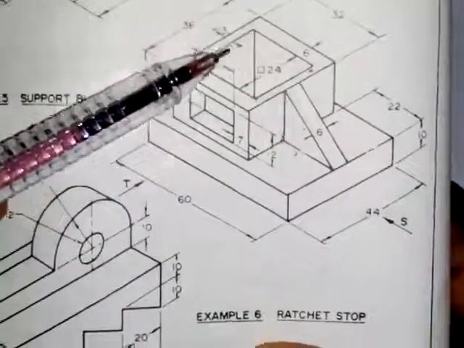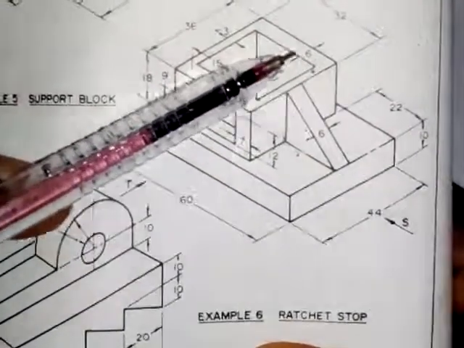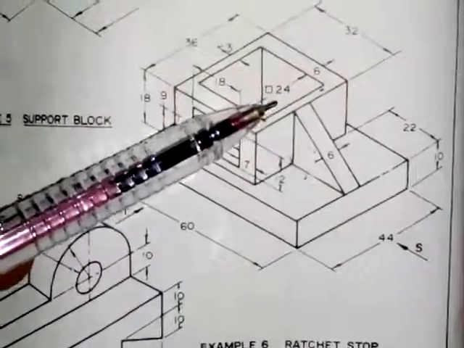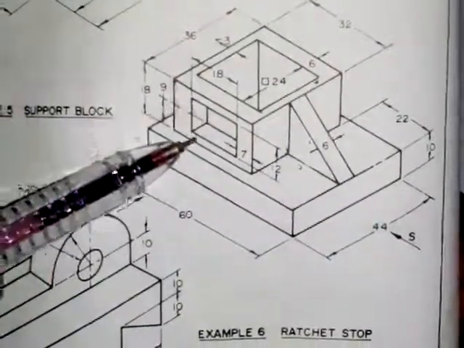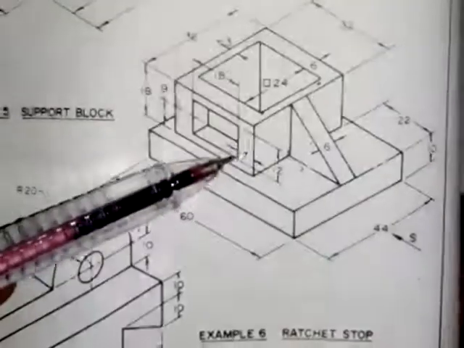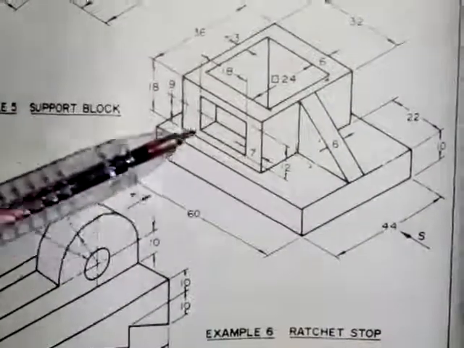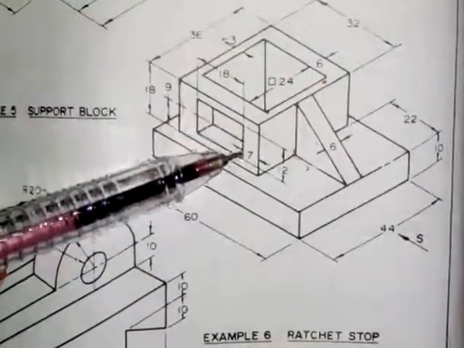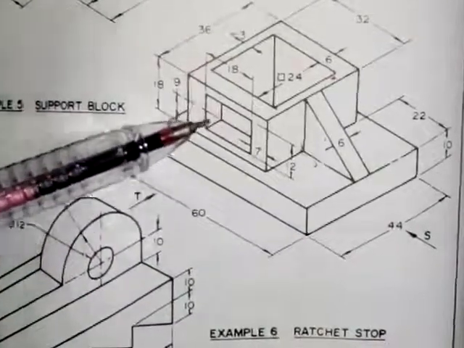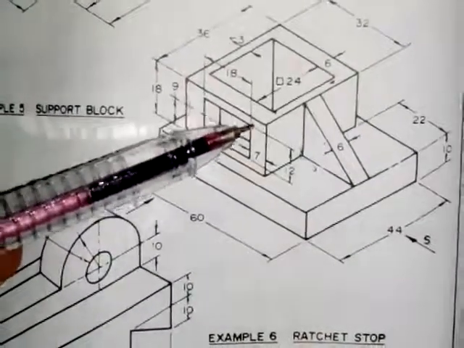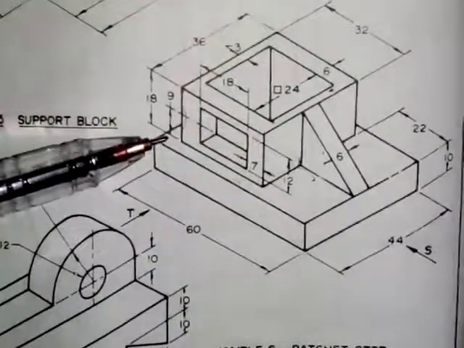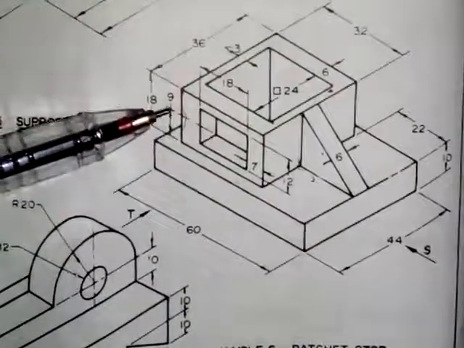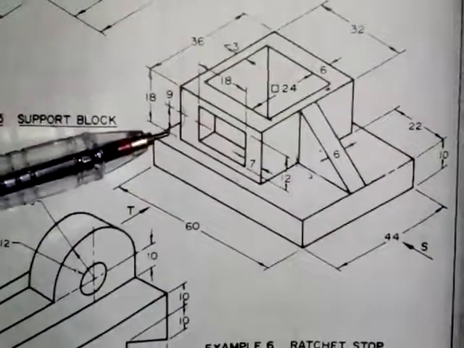And then this square hole that we have here, the length of the side of the square is 24 millimeters as written here. And then for this rectangular hole that we have on this part, the thickness from here to here is 7 millimeters, from here to here is 7 millimeters, and then the width of this rectangle is 12 millimeters, the length of the rectangle is 18 millimeters, and then the center distance from here to here is 9 millimeters.